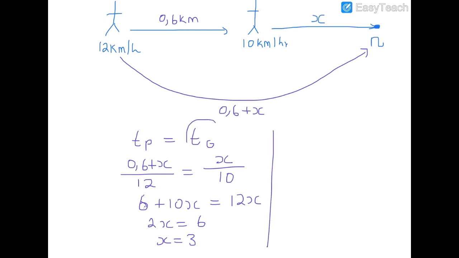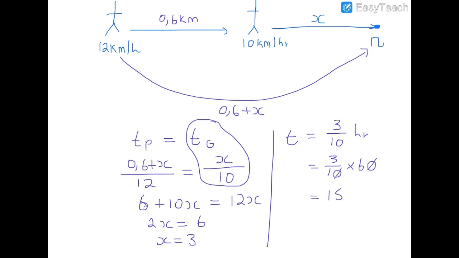Remember, this is the same thing here. So to calculate the time it takes Pete to catch up to Gert, t will be equal to, substituting x here, 3 over 10, but remember this is in hours. To take it to minutes, it's 3 over 10 multiplied by 60, and we still get 18 minutes.